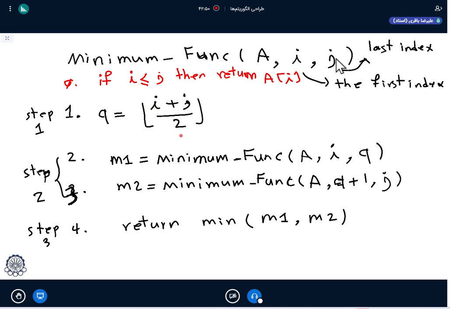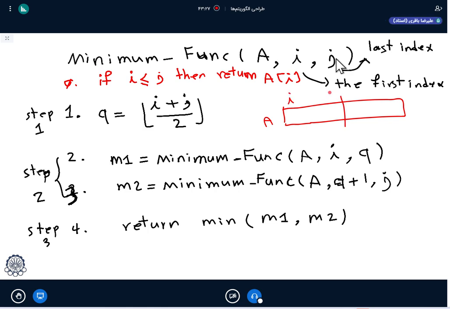I plus j divided by 2 may not be an integer, so we take its floor to make it an integer. So the first part will be from I to q, and the second part is from q plus 1 to j.